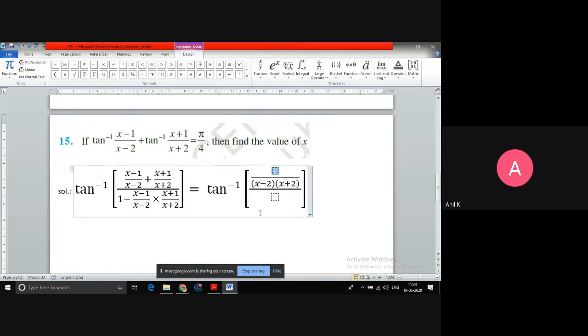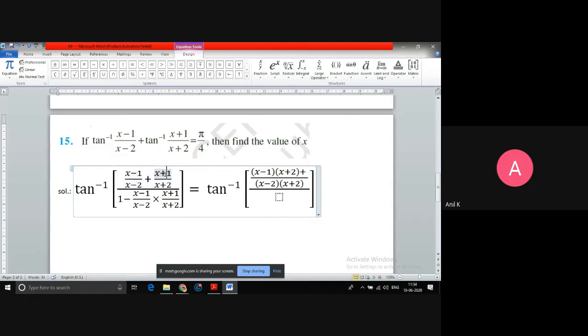Now the numerator, what are you going to get? This x minus 1 numerator will multiply with x plus 2. So your bracket is going to be, first one is x minus 1 multiplied with x plus 2. This is the cross multiplication: the numerator x minus 1 and the denominator x plus 2, both are multiplied. Plus, because between the two fractions I have a plus sign.